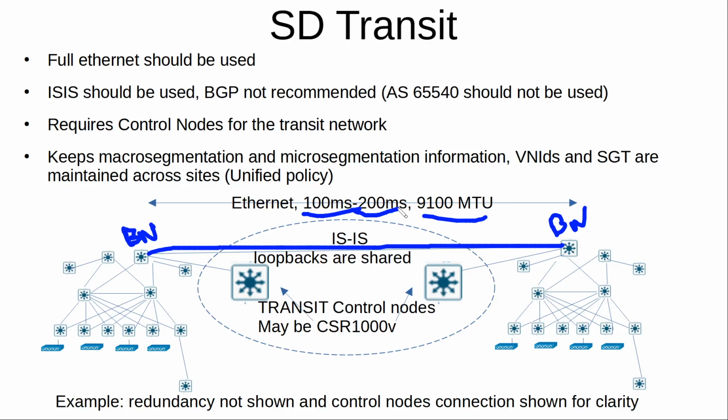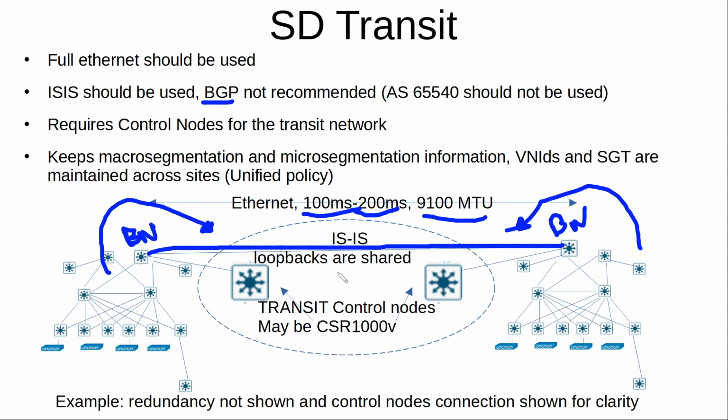And you are going to run IS-IS here. You can also run BGP, but it is not recommended, so you are better off running IS-IS in order to share the loopback IP addresses that exist at each of your fabric sites.